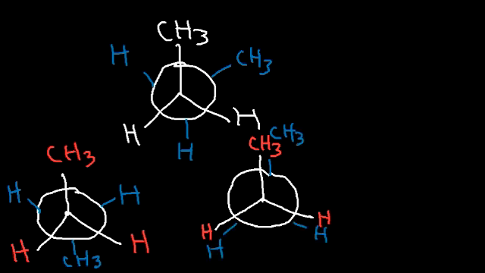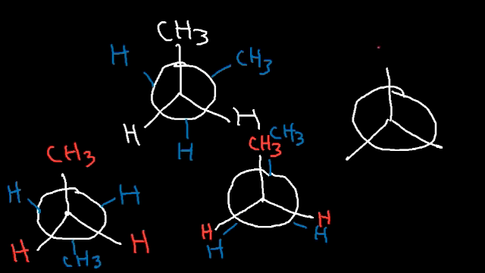And there's another way you can draw this as well. Now I can put one of the methyl groups, or the other methyl group, with a hydrogen. So these are the four different ways we can draw the conformations of butane.